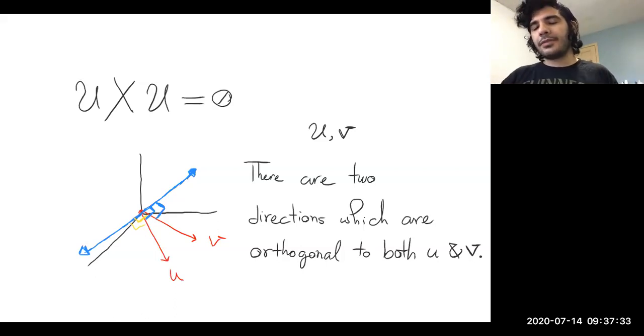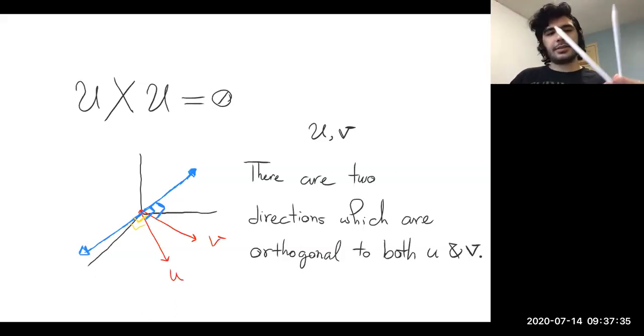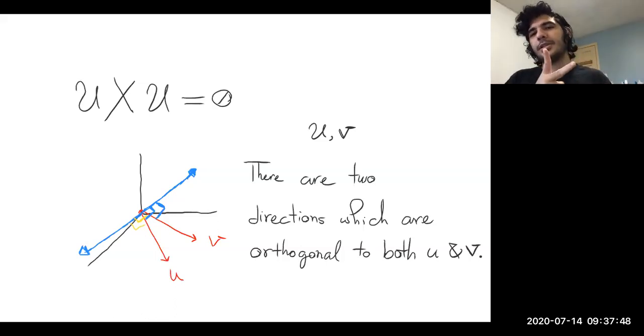If I have 2 vectors, usually people show it with their fingers. I have my index finger and my middle finger, and I can use these two to show the two vectors. I want a third vector which is orthogonal to these two vectors.